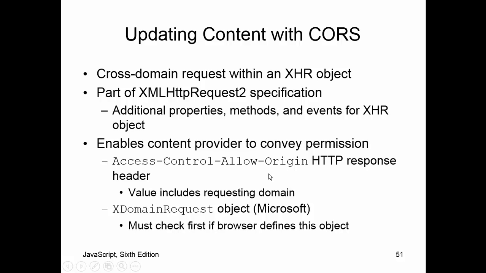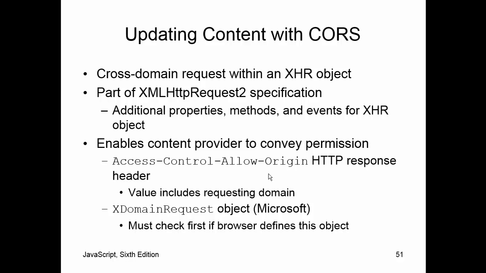Now, as far as the other mechanism here, updating content with CORS, notice the cross-domain request with an XHR object. JSON-P is a reasonable solution for many things, but developers continued working on a method for enabling cross-domain requests within an XMLHttpRequest request, and the result was the CORS specification, which is one part of the new spec known as XMLHttpRequest 2.